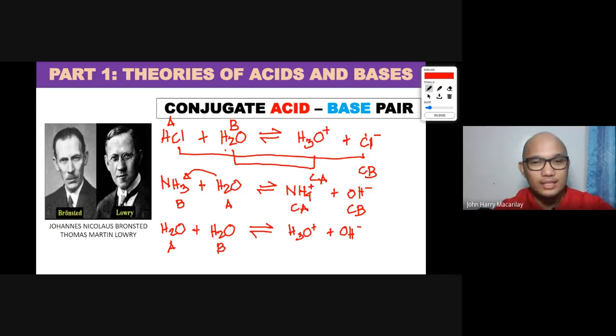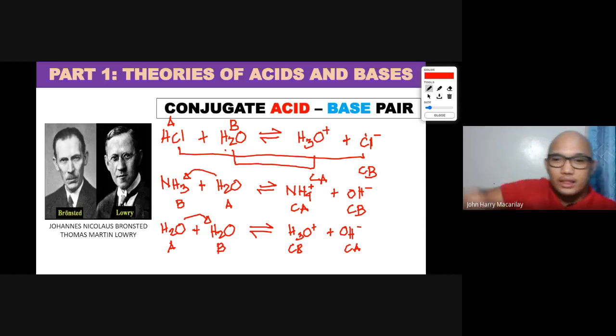So the acidic water molecule will donate its proton to another water molecule, which is considered the base, to produce now the conjugate acid, which is now your hydronium ion, and a conjugate base, which is known as your hydroxyl ion.